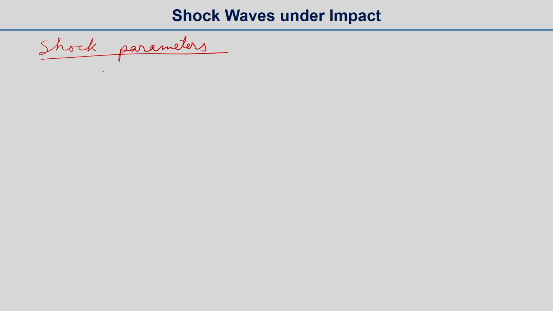Earlier we discussed that there are 5 parameters: Us, the shock wave velocity; Up, the particle velocity; then the pressure; then internal energy; and then density, or we can write it in terms of V, the volume.